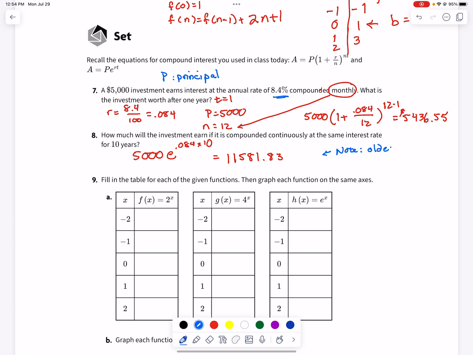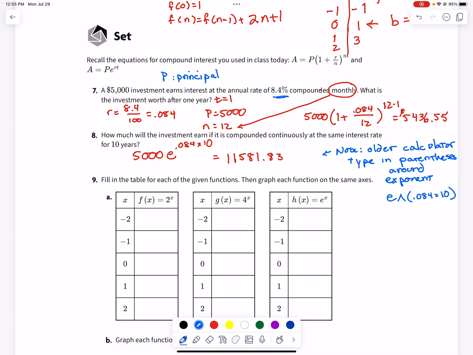If you have an older calculator, you have to be a little bit careful about typing in exponents. So if you do e to the and it shows up with a little caret for the exponent, you need to make sure you've got parentheses around the exponent.